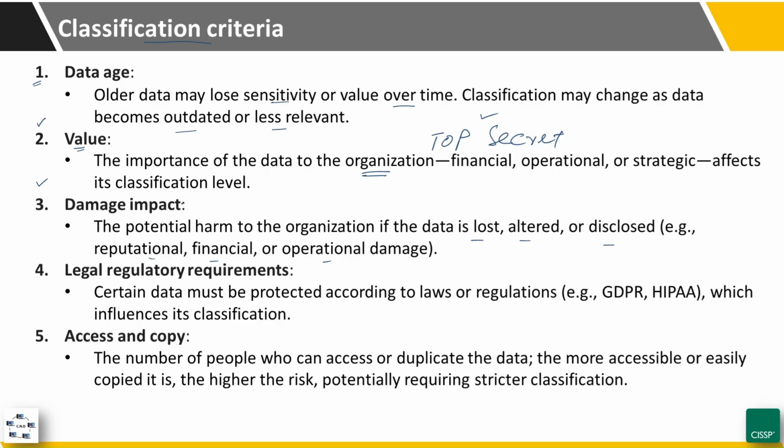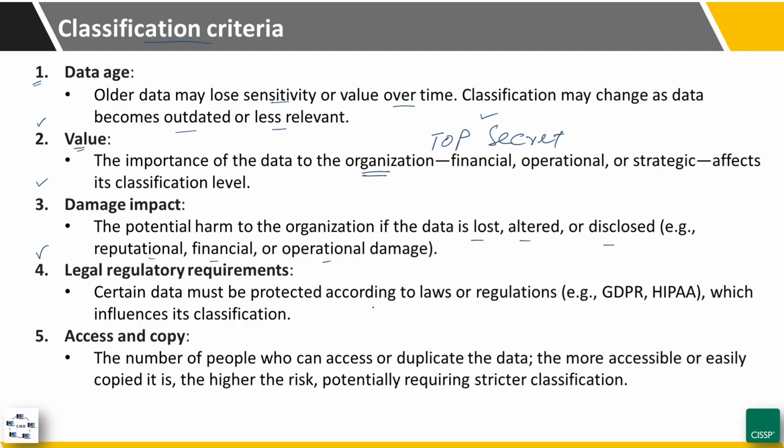If the data is lost or disclosed, what impact would it have on the organization: reputational, financial damage, or damage to its day-to-day business operations. The higher the damage, the higher the classification of the data, and if the damage is less, the classification may be kept low.